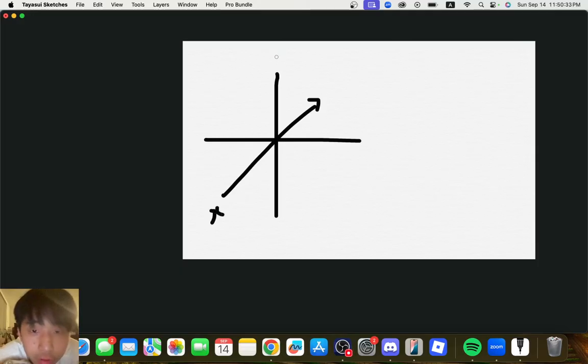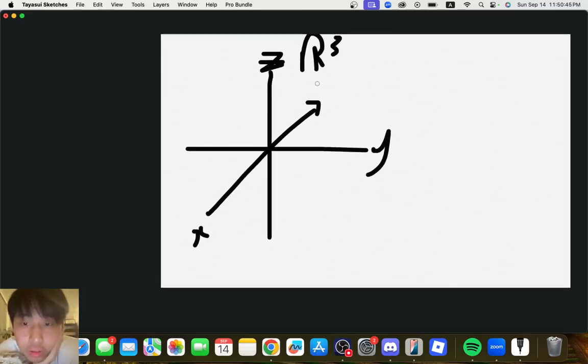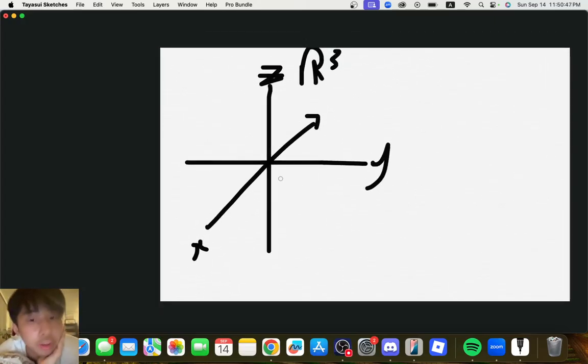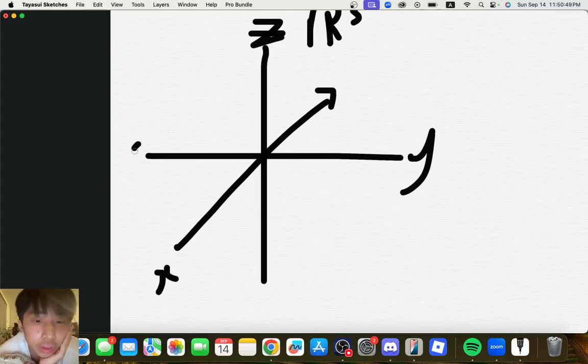Replace this X, Y, Z and Y and in R cubed. So in the real third dimension, this is what we have, right? And a plane would just be an extension of a line.